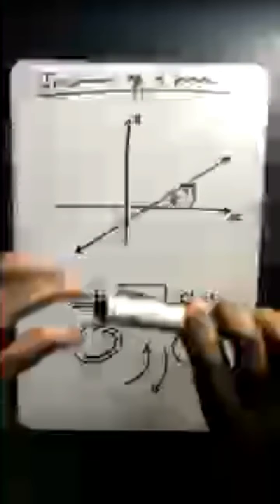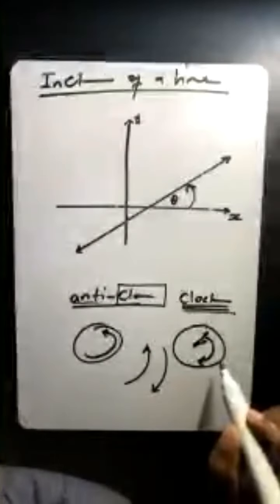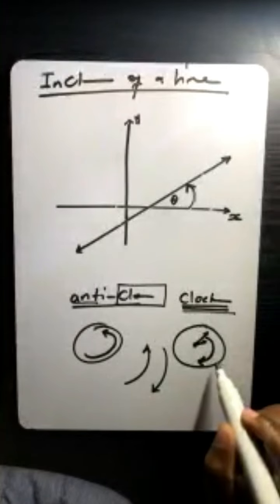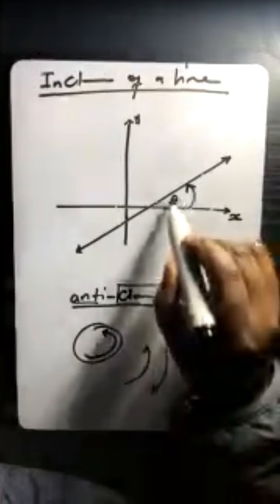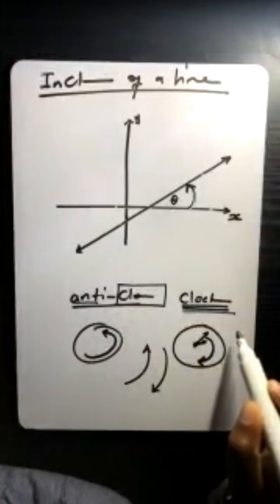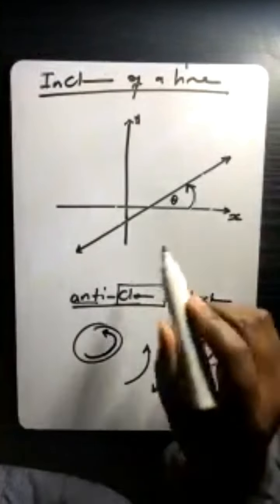But the moment I do this, you know we've got an angle which starts from zero and is now rotating in an anti-clockwise direction. So, Elton, this is what we call an angle of inclination. This angle theta is called the angle of inclination.